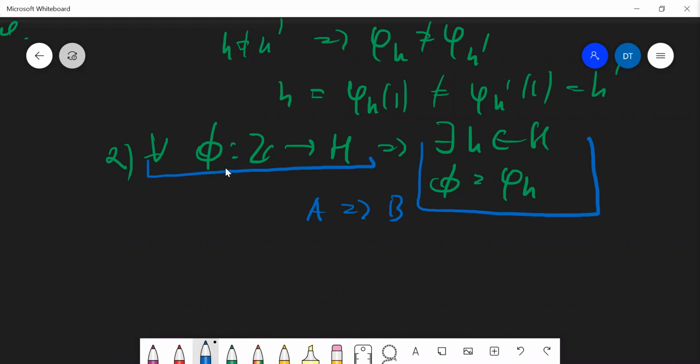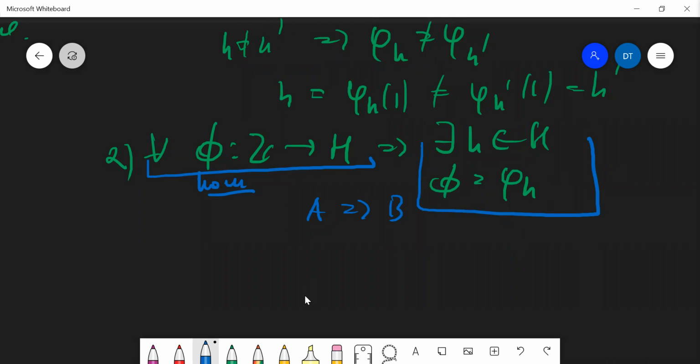So for every homomorphism phi from Z to H, there exists an element h small from H capital, such that phi coincides with phi h from the construction above.